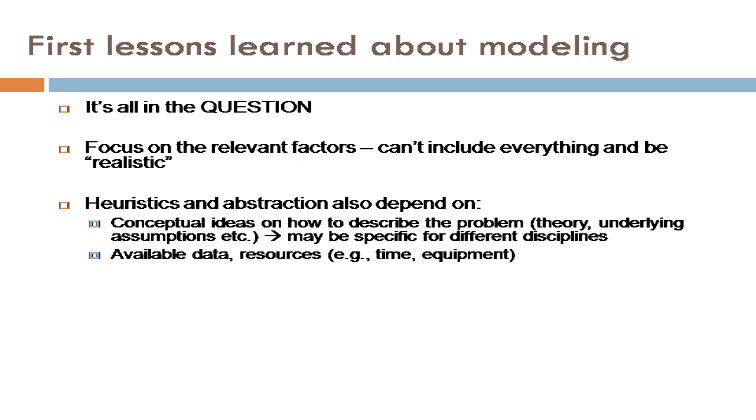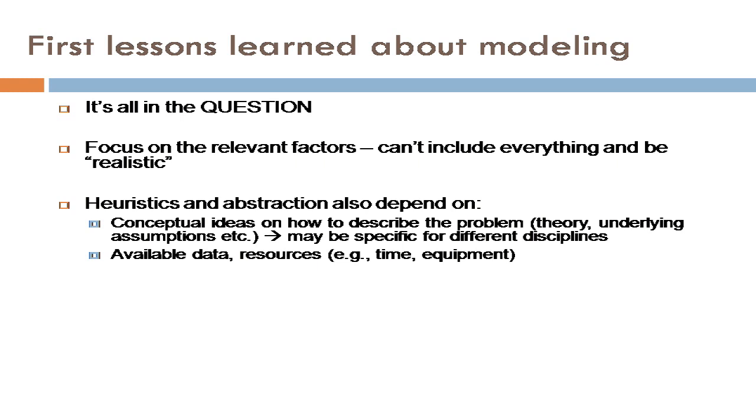And then you employ certain ways of abstraction or heuristics, which depend on your conceptual ideas on how you describe the problem. So you use certain theories, underlying assumptions, and this may be specific for certain disciplines, whether it's mathematics or physics or biology, etc., or chemistry.